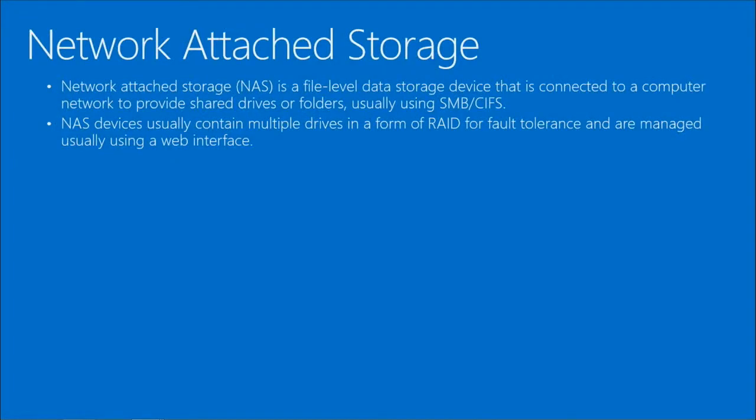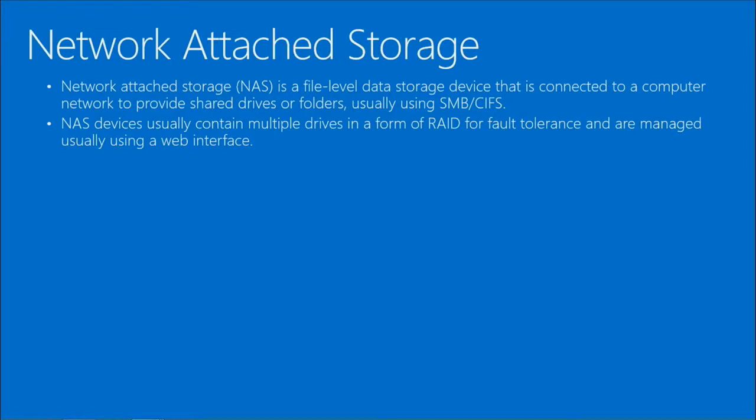So, storage, network attached storage. Now we're talking about network attached storage, or NAS, a file level data storage device connected to a computer network. So it's storage connected directly to the network, providing shared files and folders, typically using SMB or CIFS.